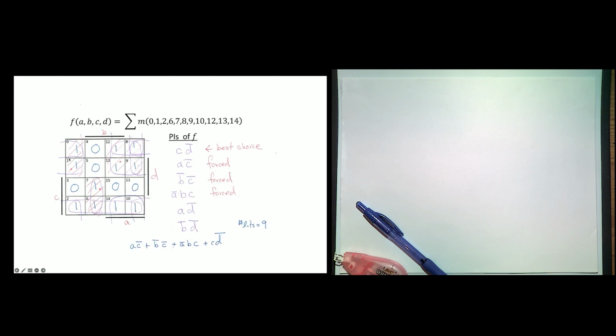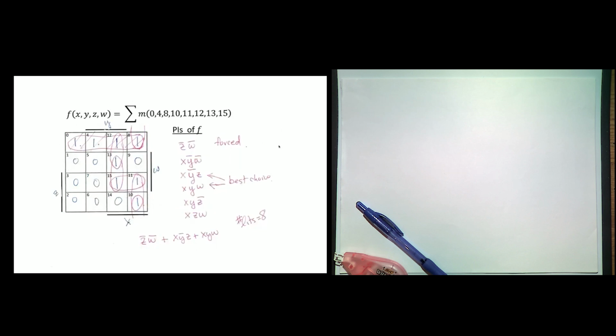So the ones that were forced are shaded. And after we picked the forced ones, we had 3 cells that needed to be covered. And of course, there is one and only one PI that covered all 3, so that was the best choice. So you might say best choice because it's the only one that covers all 3.